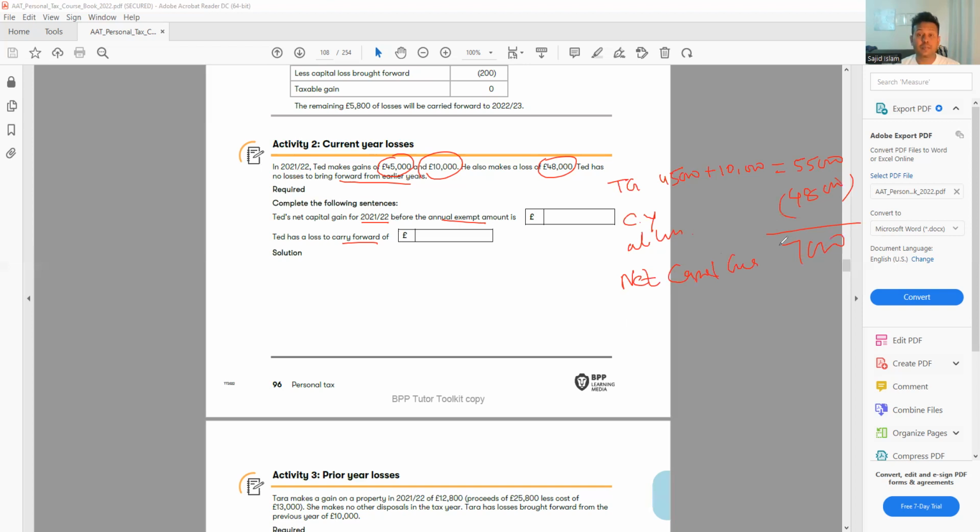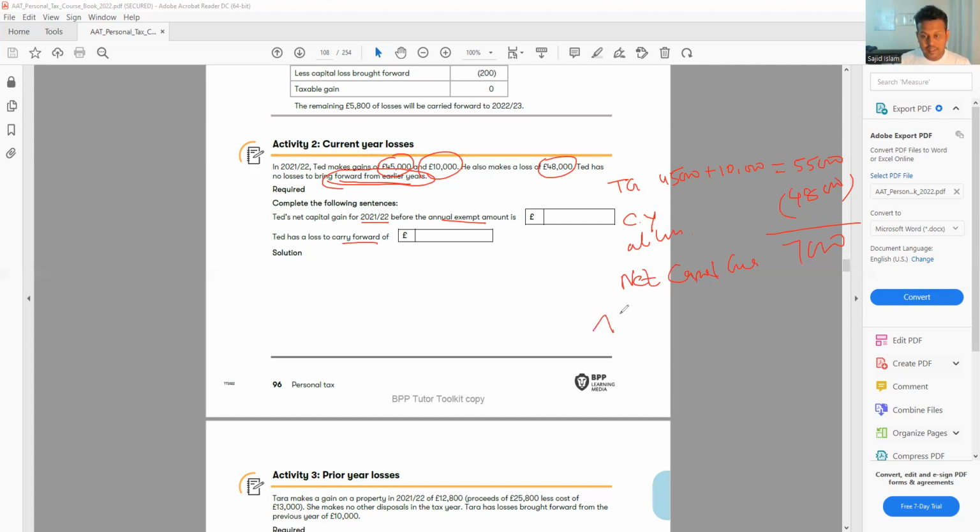Now, the next thing, before we calculate, we have to see, the question said we don't have any loss from the previous year, so only we have to minus the annual exemption. But even if we have any loss from the last period, we have to make sure we use the annual exemption first, then we use the loss from the last period, because the annual exemption cannot be carried forward.